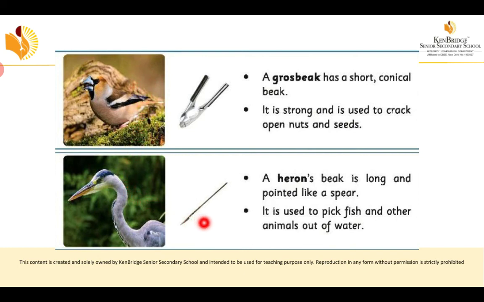See the last bird, it's a heron. The heron's beak is long and pointed like a spear. See, it's a very long beak. It is used to pick fish and other animals. When the fish is in the water, it can easily pick the fish from the water.